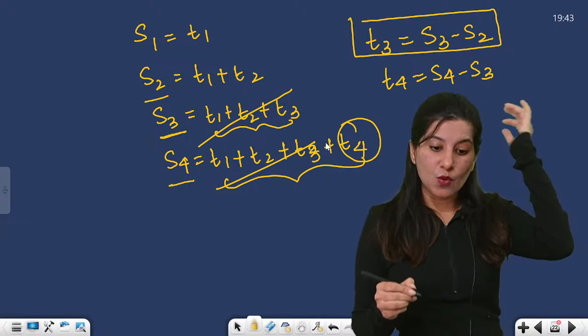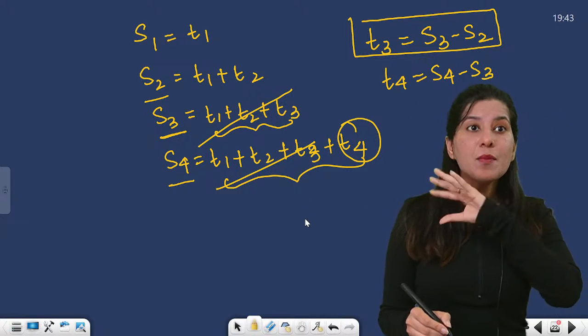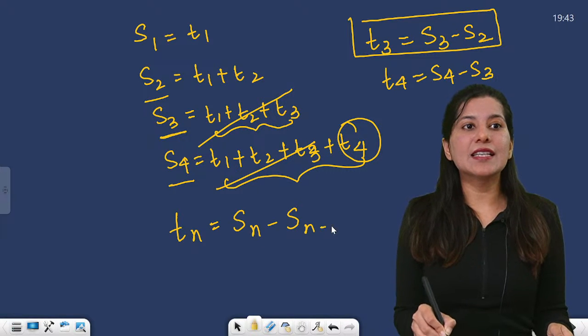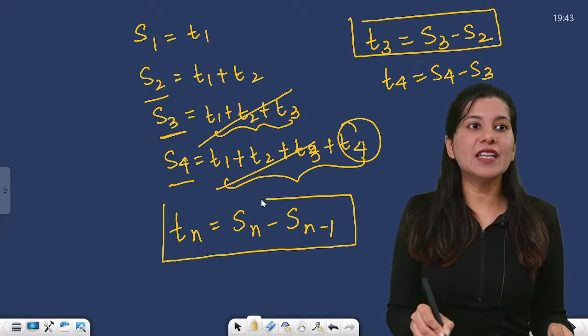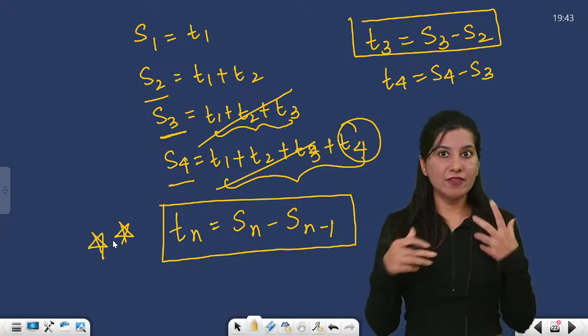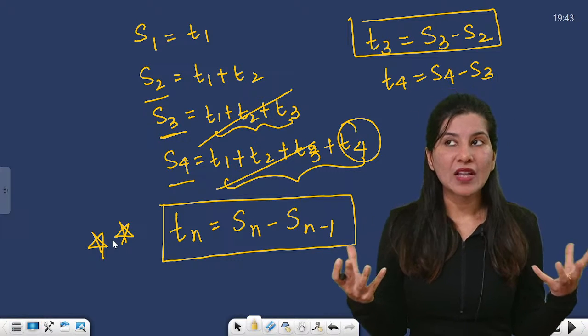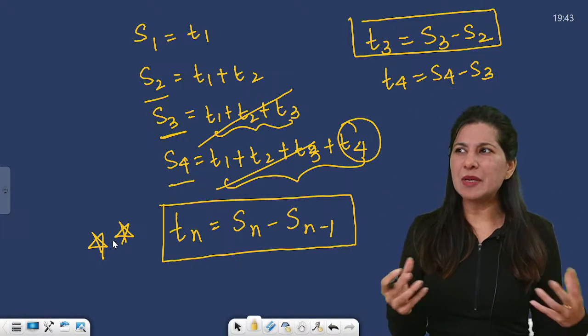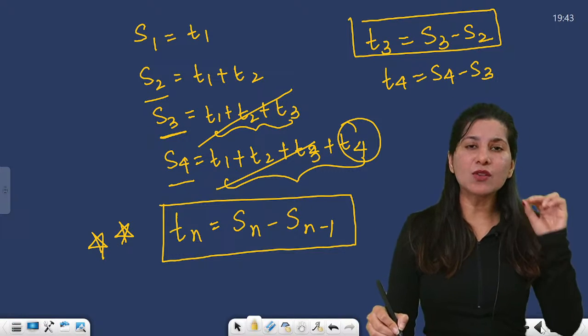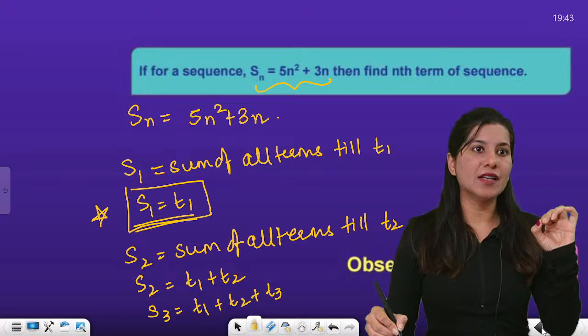That's a very, very important formula. Tn is nothing but Sn minus S(n minus 1). From this formula, if Sn is given to you, you can calculate any term, for example T400 or T500, and you can also calculate the formula of your general term.